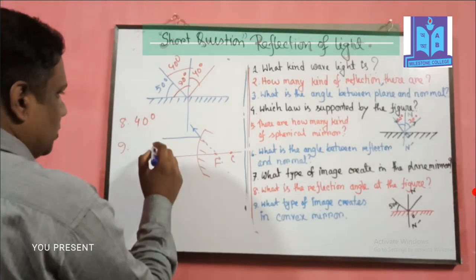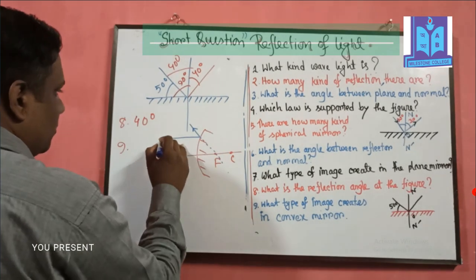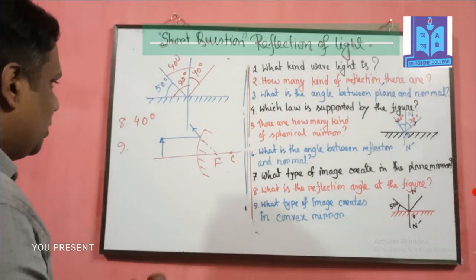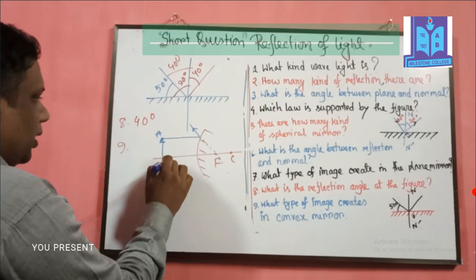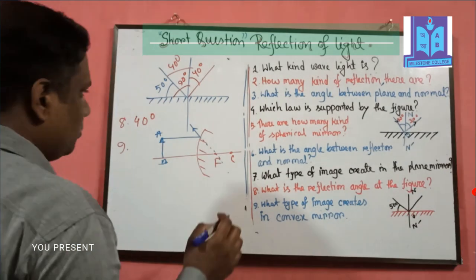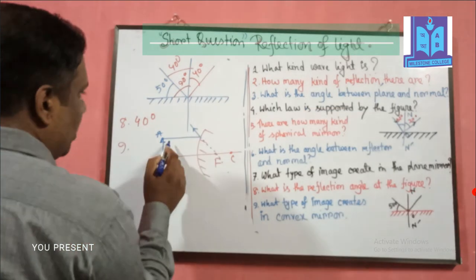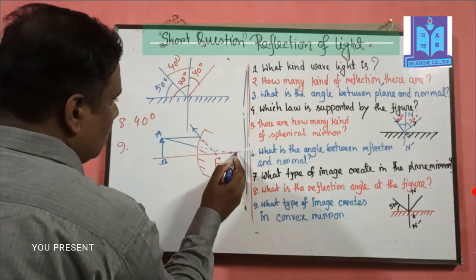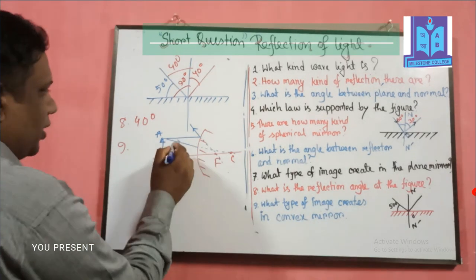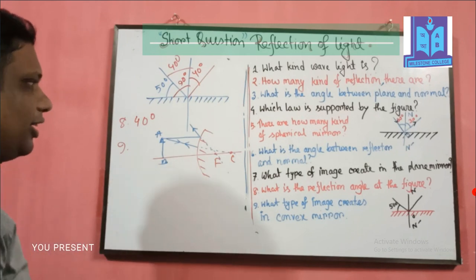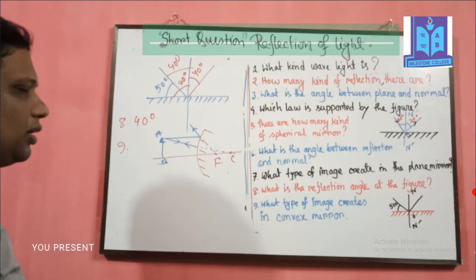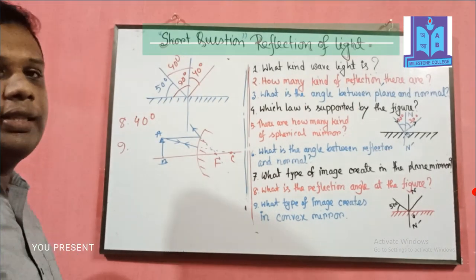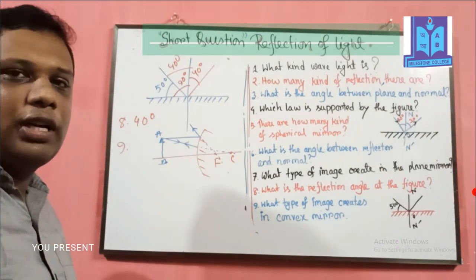With the object AB here, another light ray is directly incident at the center of curvature and is reflected directly back.